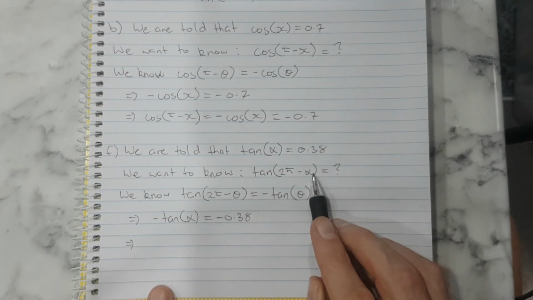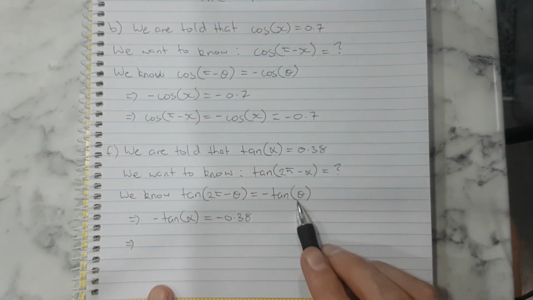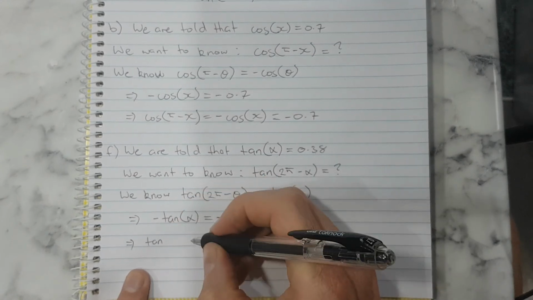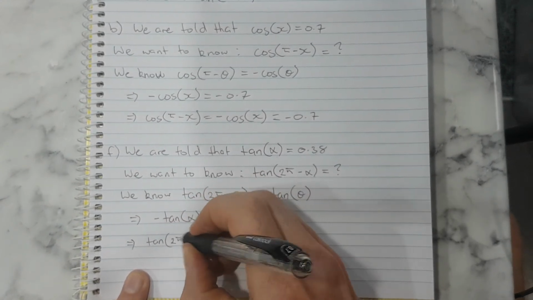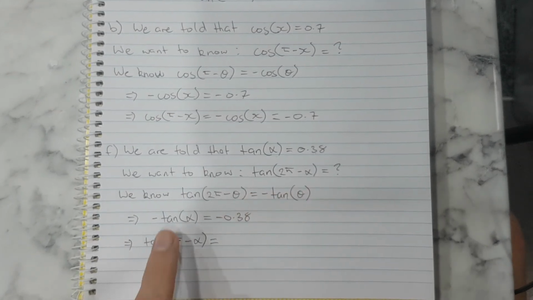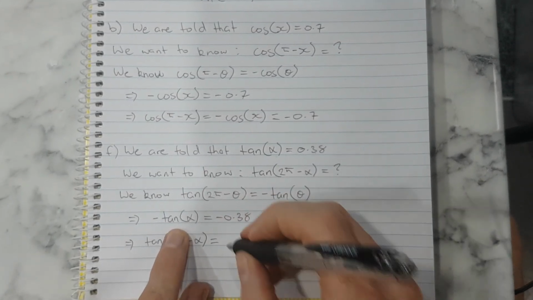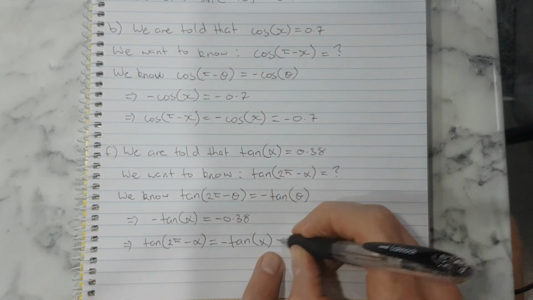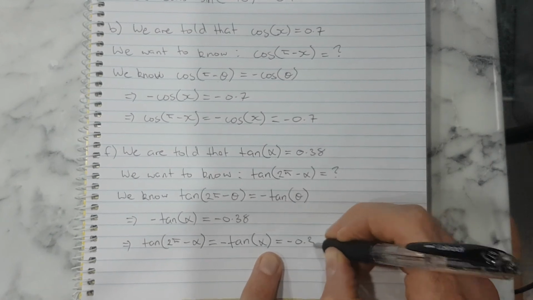So 2 pi minus alpha is going to be equal to minus tan alpha. So we'll have tan 2 pi minus alpha is equal to minus tan alpha. We can even write it like that if we want to. Minus tan alpha, which is equal to minus 0.38.